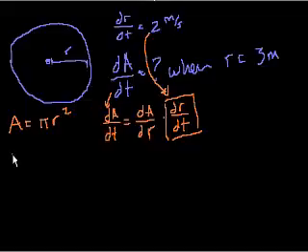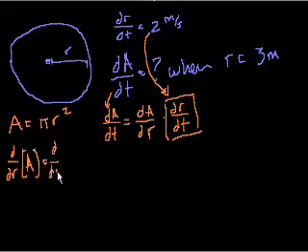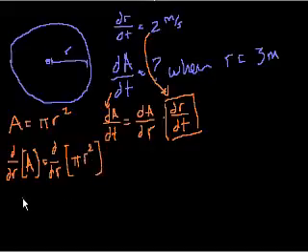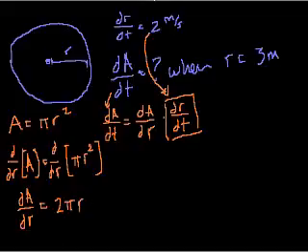So we take the derivative with respect to r of both sides, of A equals pi r squared. We get dA/dr is equal to, well, that's easy, 2 times pi times r to the 1. So we'll just leave it there.